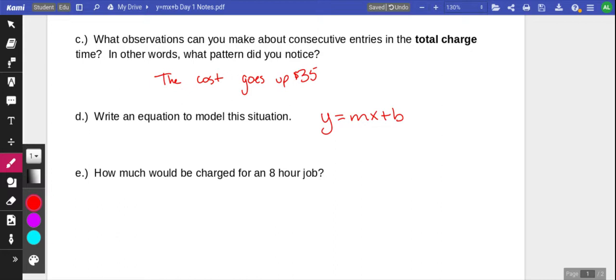Just like we know that m is our slope, the b is the y-intercept. When we're doing a real-world problem or a word problem, we can also think slope is the same thing as a rate. Okay, $35 per hour or 50 miles per hour, or anything that's changing depending on the number of hours or minutes or dollars or whatever.